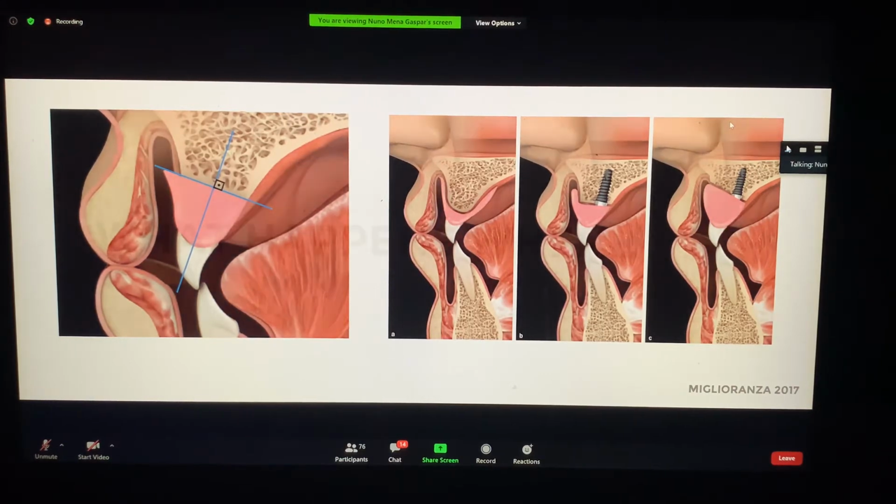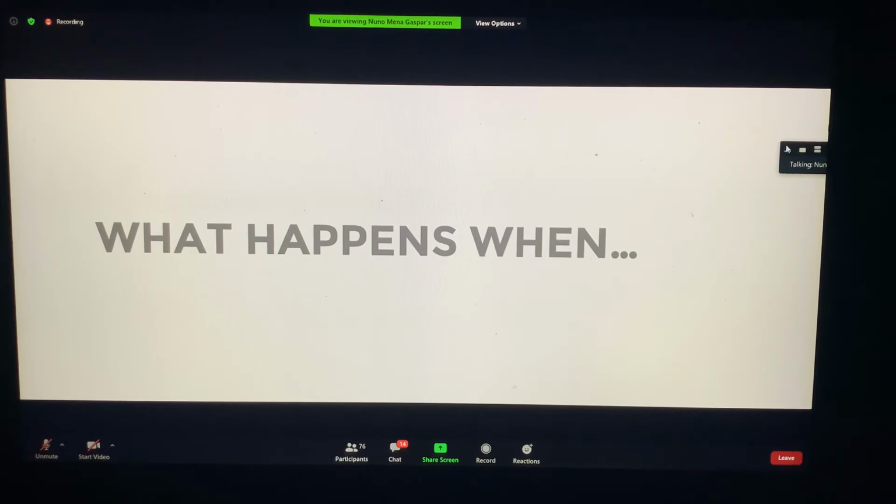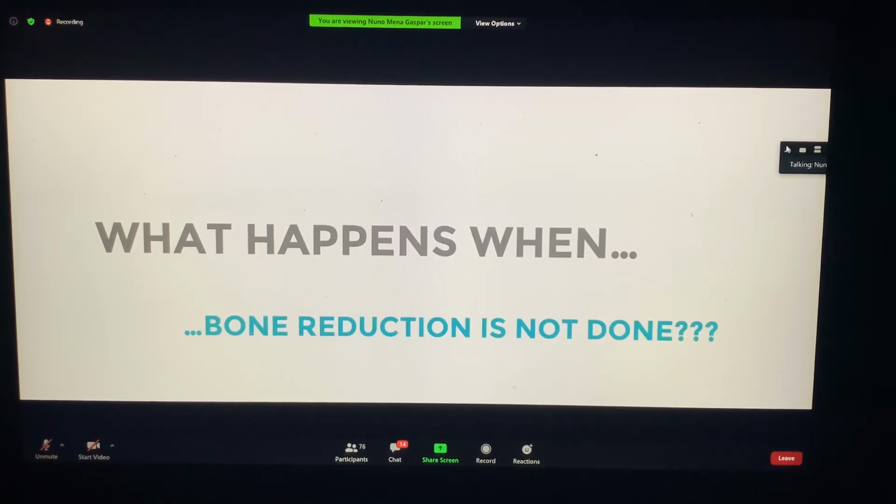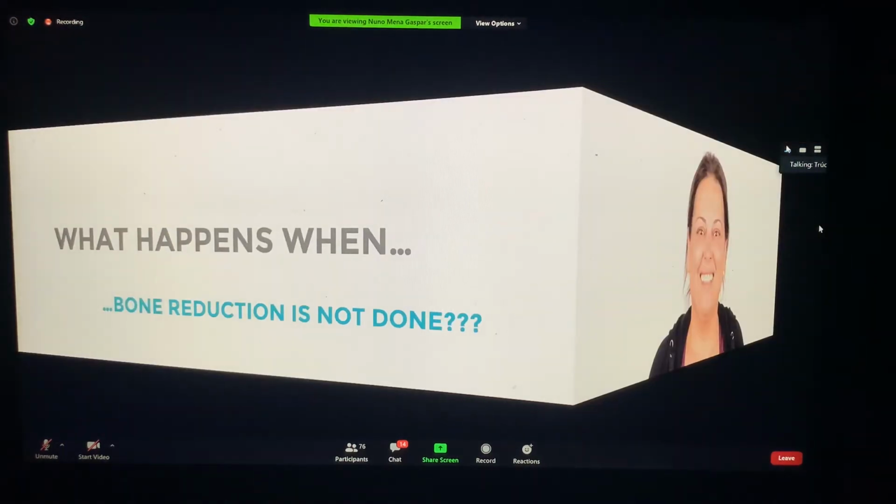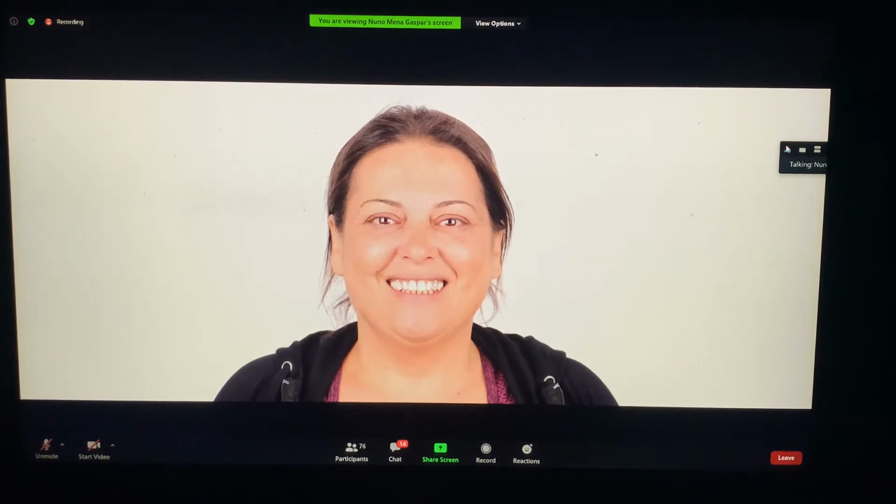Okay, so these are three ways to think the bone reduction, and when we miss to use bone reduction, this is what happens. Và khi chúng ta làm mài xương mà không hoàn thành. So this lady had this done with another doctor.